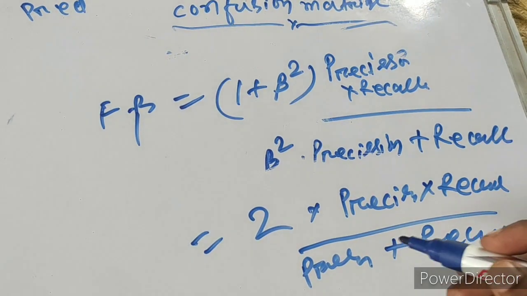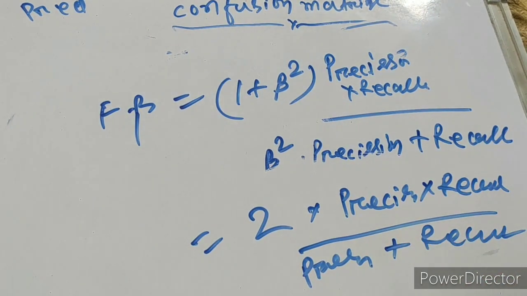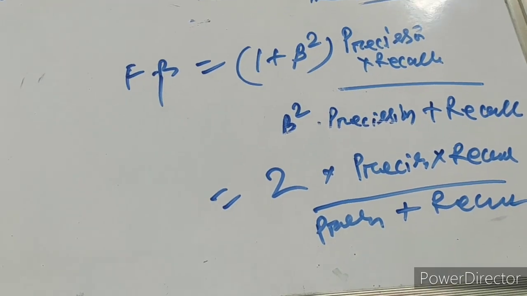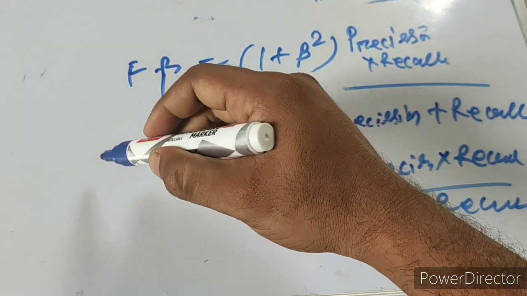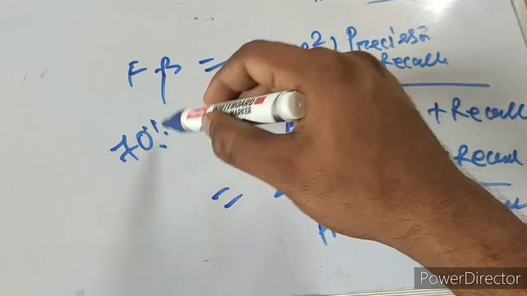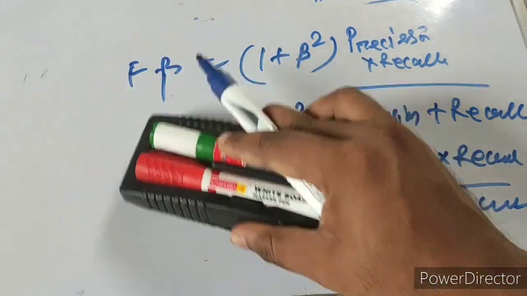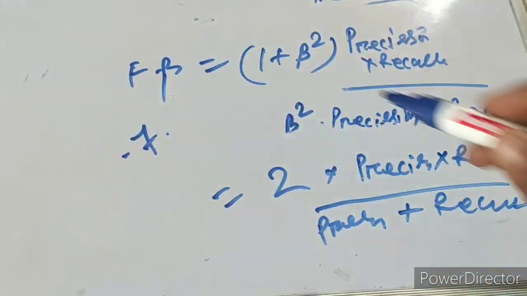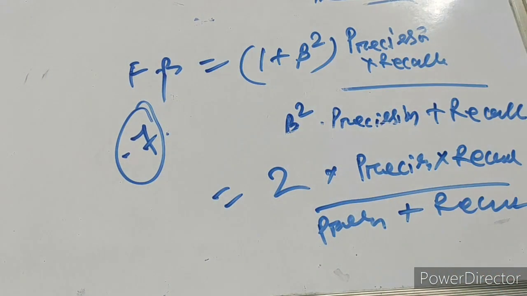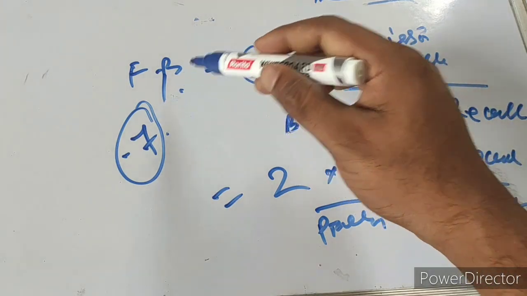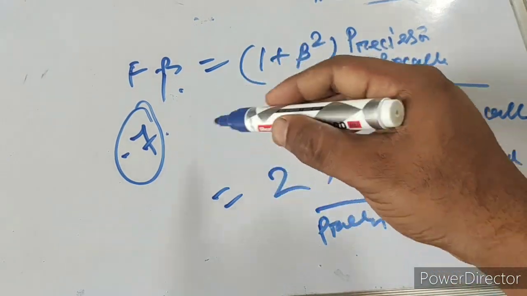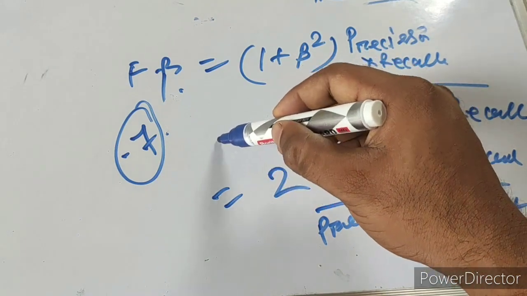If this formula is implemented, whatever value comes, suppose the value comes like 70% or 0.7, this 0.7 is the value we are getting for F beta score. For one model the value is 0.7, for another model the value is 0.6.